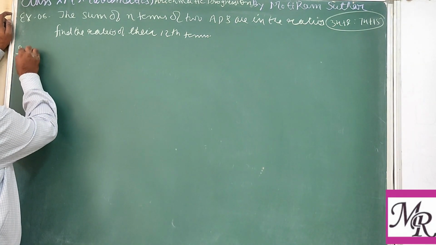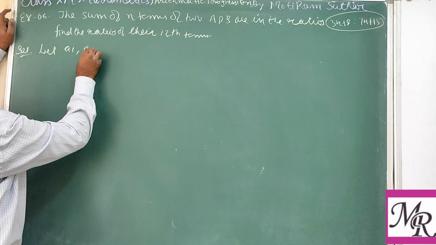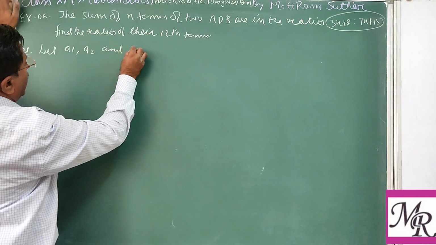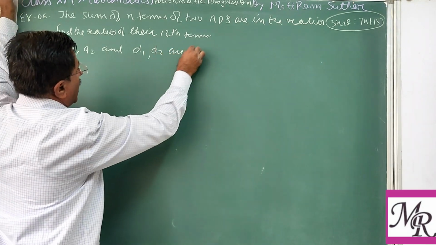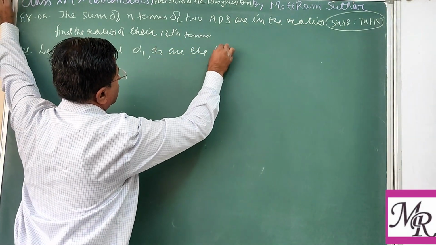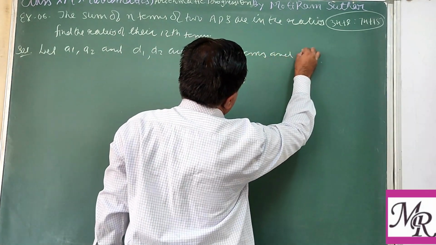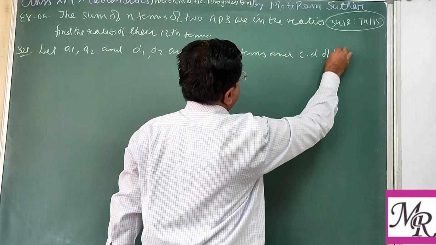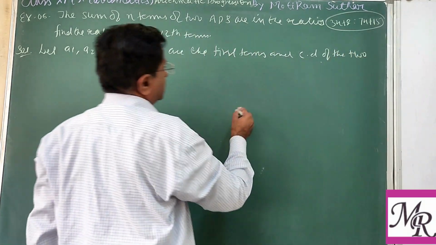So in the solution, write let A1, A2 and D1, D2 be the first terms and common differences of the two APs.